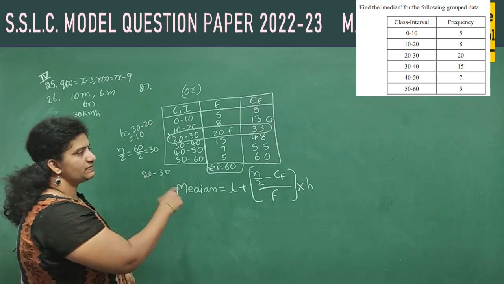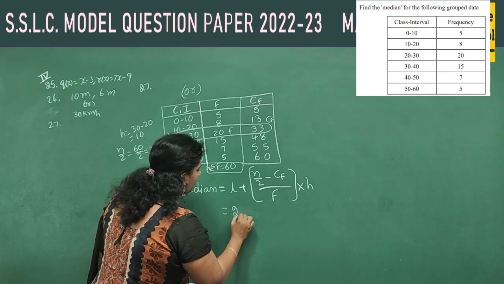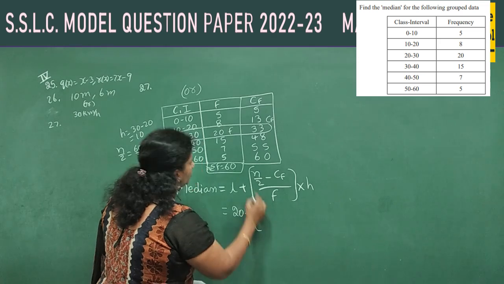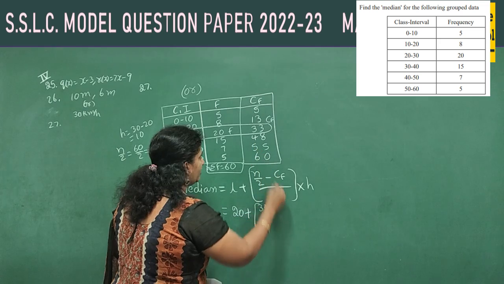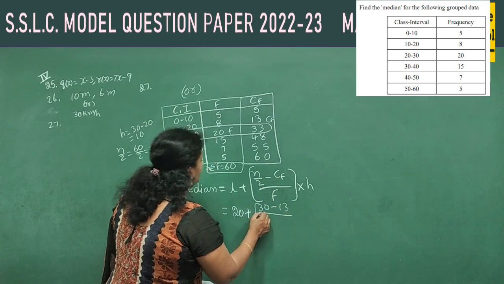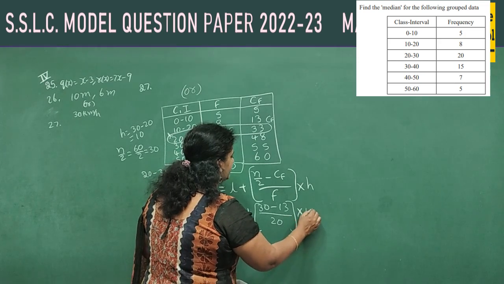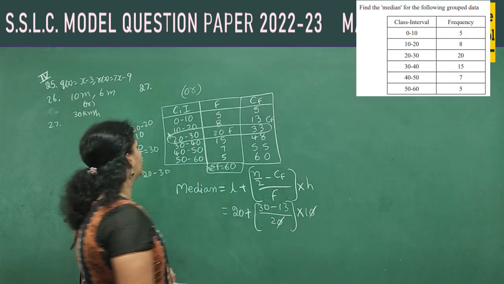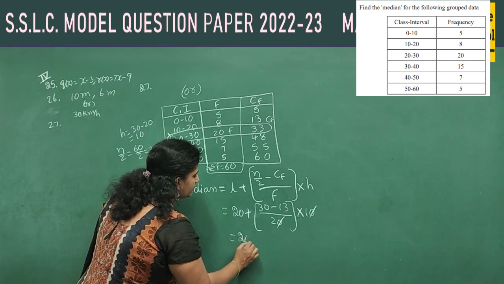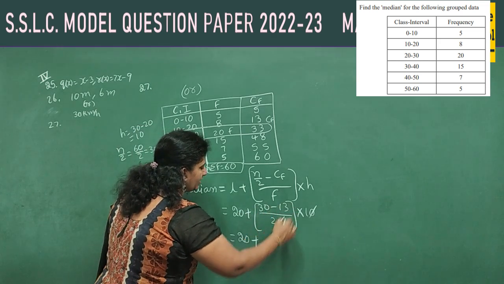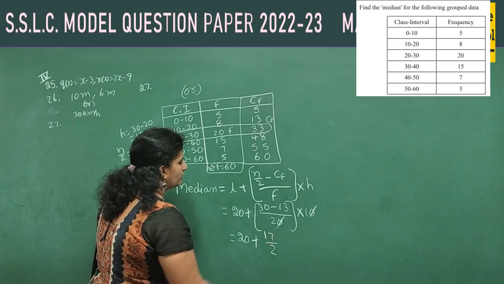Right, now we are going to substitute all these. L 20 plus n by 2. What is your n by 2? 30 minus cumulative frequency is 13 by frequency 20 into H 10. 0, 0 cancel. And now 20 plus 30 minus 13, it will be 17 by 2.